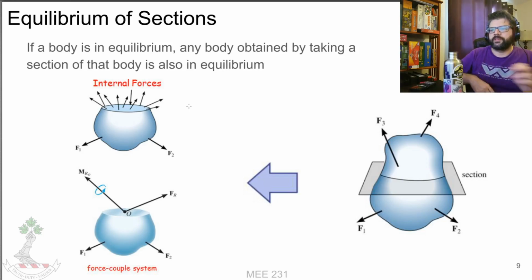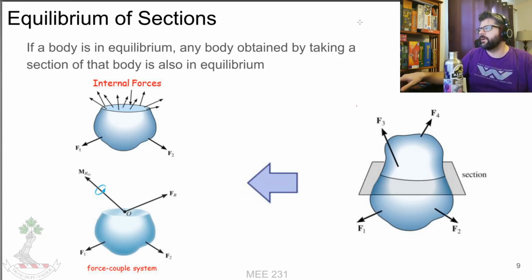So as long as everything's in equilibrium, then basically we're describing kind of what's going on inside the component. Because obviously we can't just go and look at what's going on inside the component because we can't see through metal.